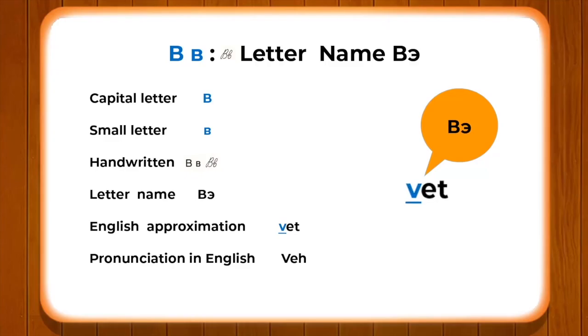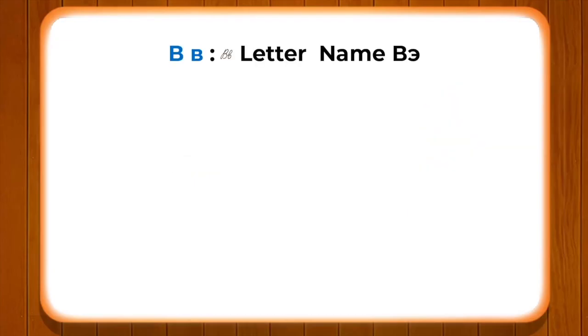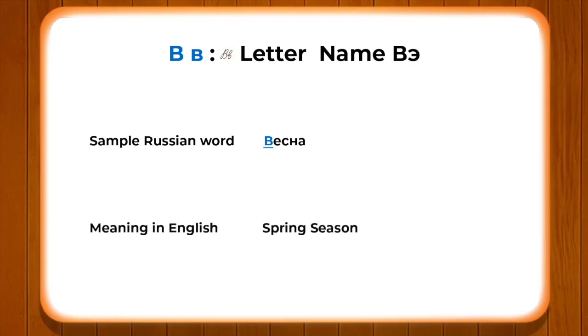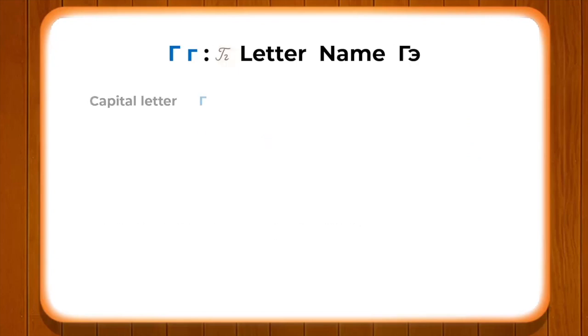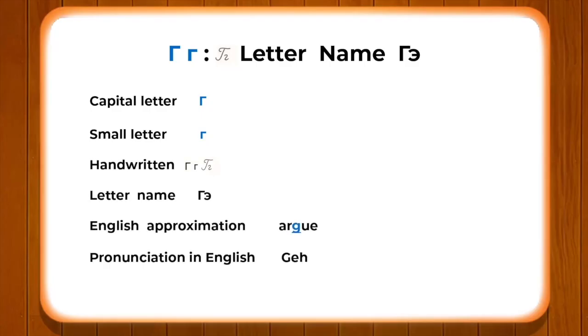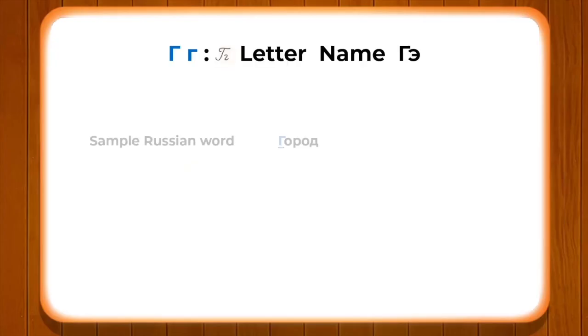A sample Russian word is vesna, which means spring season. The next letter is ge, and for an approximate sound in English we have the word argue, ge as in argue. A sample Russian word is gorod, which means city.